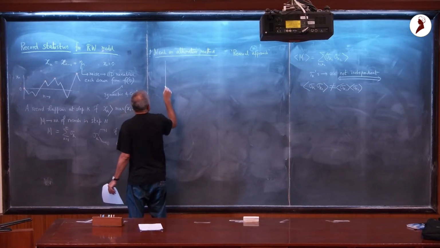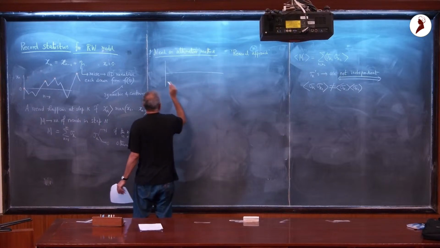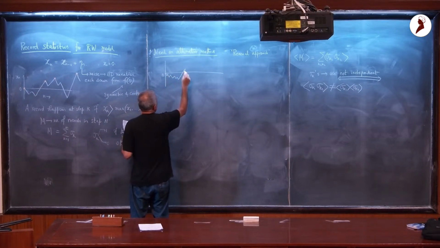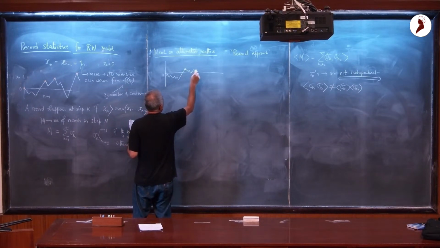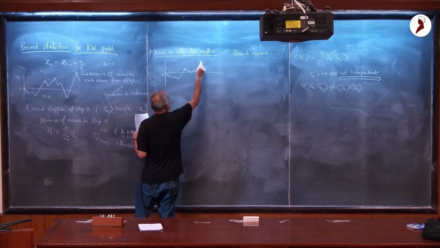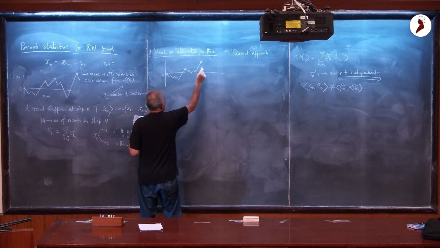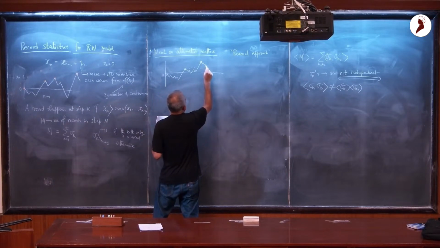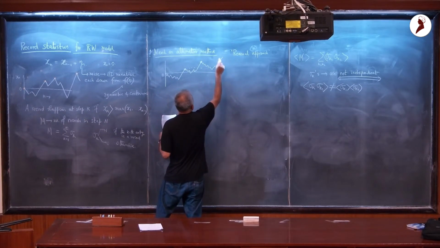So let's draw a typical trajectory of our random walk. Again, we start at the origin. So let's take a configuration like this. Here you cross the origin and you reach a new record value. And then maybe it does this. This is the record. And then again it does this, maybe less, and makes a record.